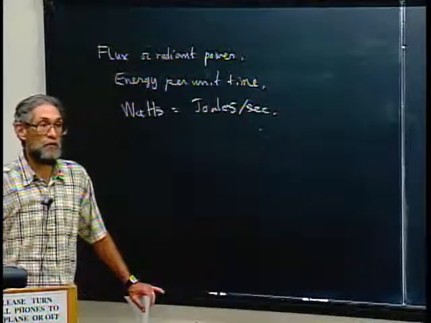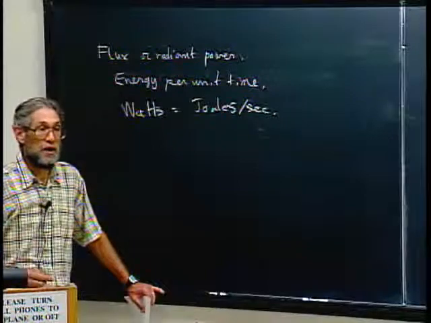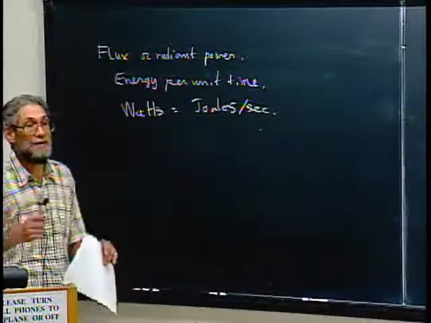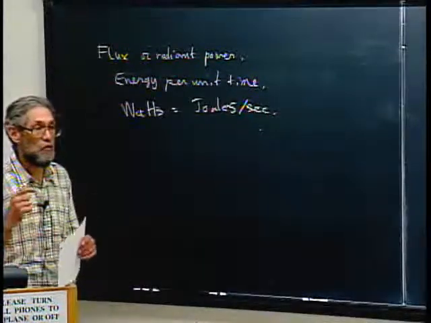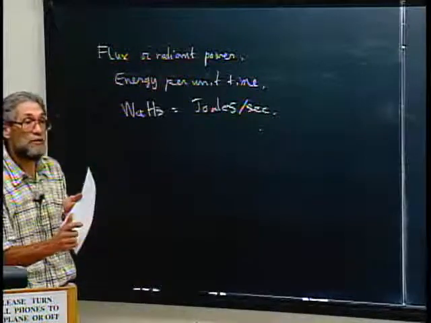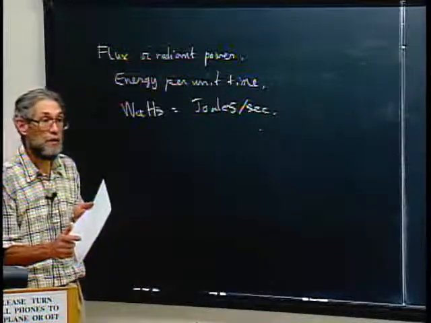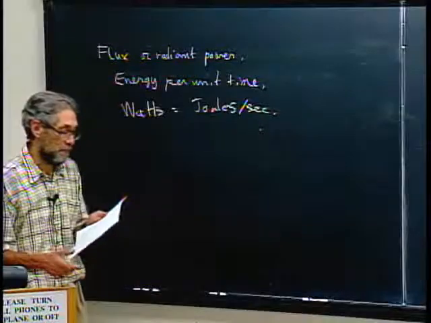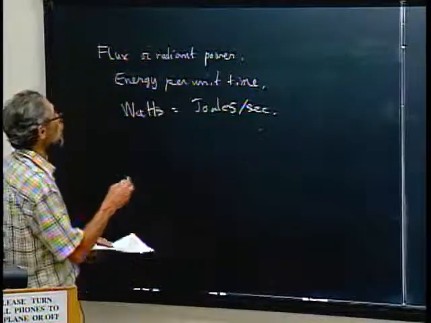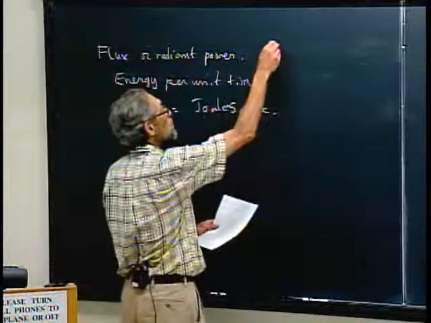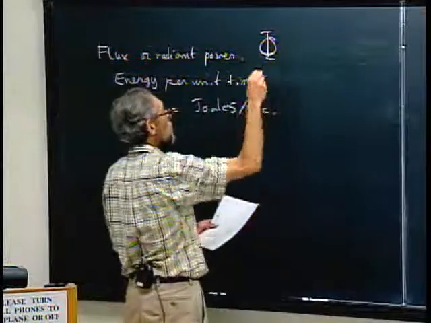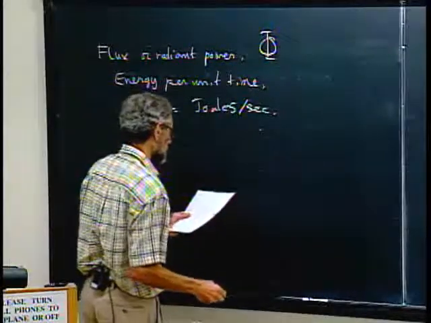Every individual photon has its own energy, and you have a collection of photons crossing some place per unit time. Then it becomes power. The notation for flux is capital Phi.